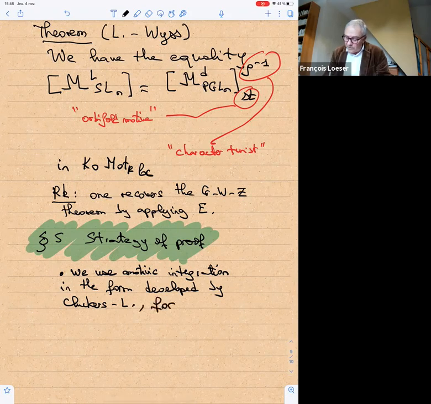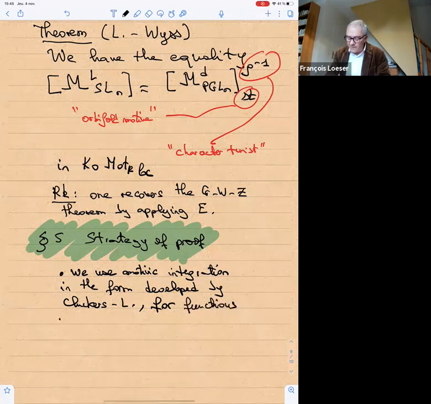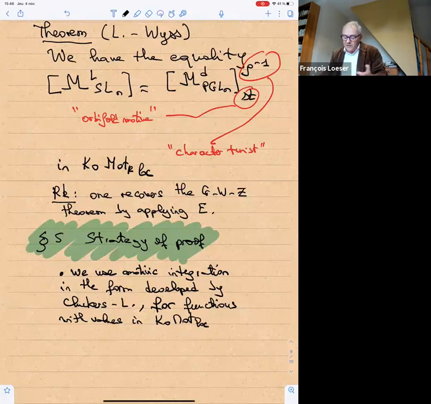But we use it for functions with values in this ring. But that's not a problem. The framework of Cluckers-Loeser allows you to do that directly.